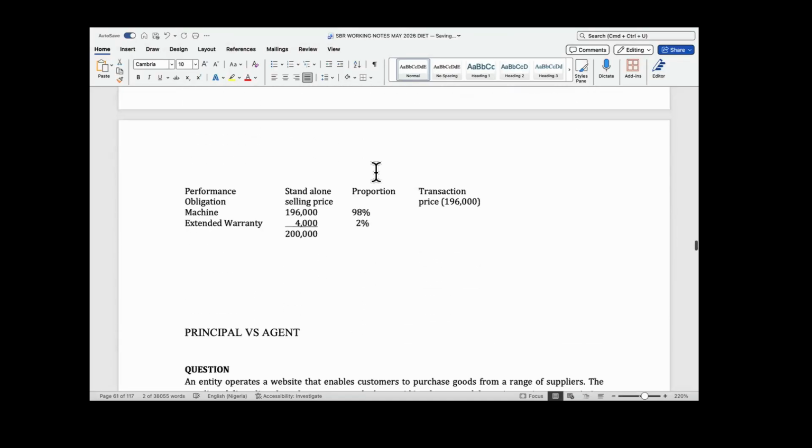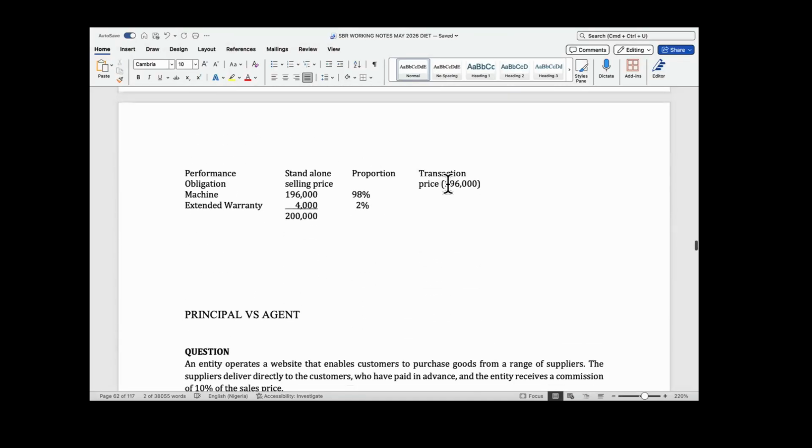So this 196 we are going to separate between the machine and the extended warranty. So what's 98% of 196,000? 192,080. Yes. What about this one?